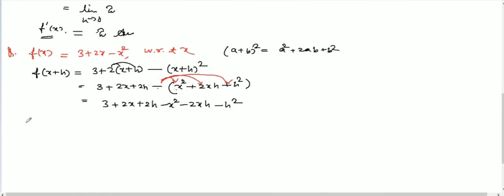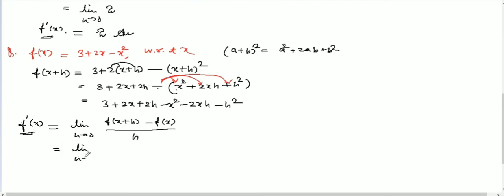Now write down the formula of first principle, which is f prime of x is equal to the limit h tends to 0, f of x plus h minus f of x over h. This is your formula. Now h tends to 0.